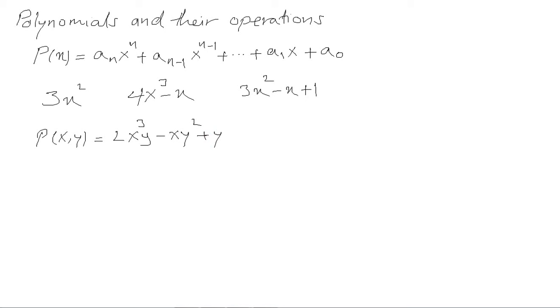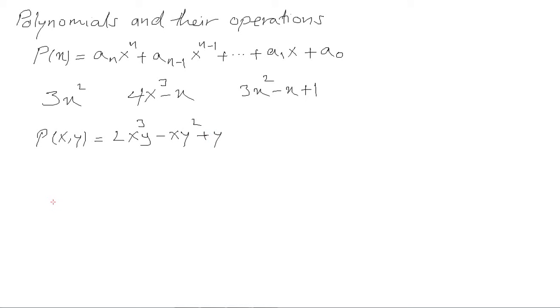Okay. Another important concept that you need to know is like terms or similar terms. What are like terms? Like terms are monomials that have the same variables and the corresponding variables have the same powers. What does this mean?